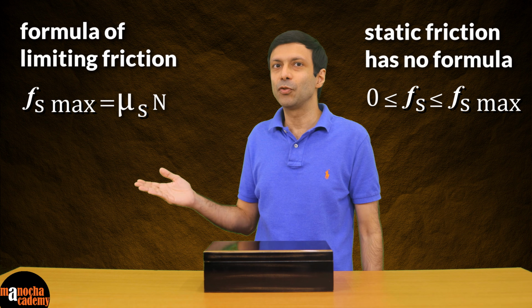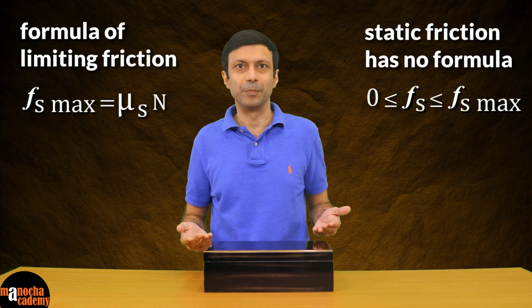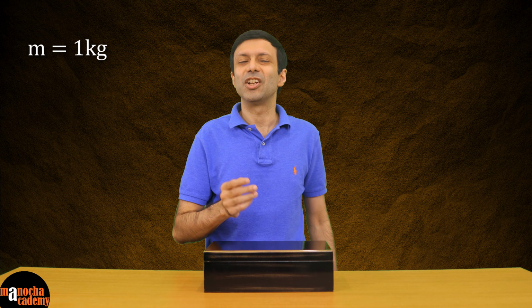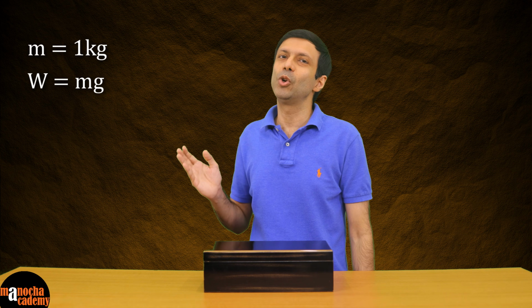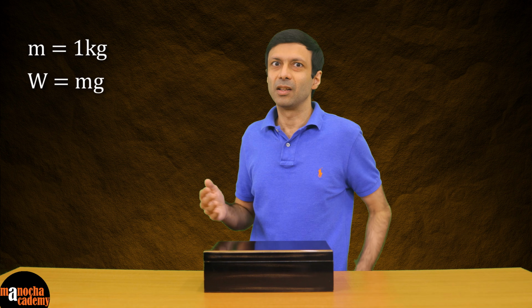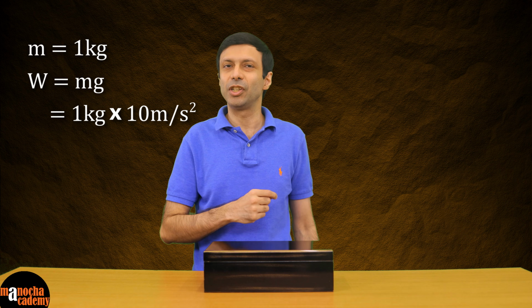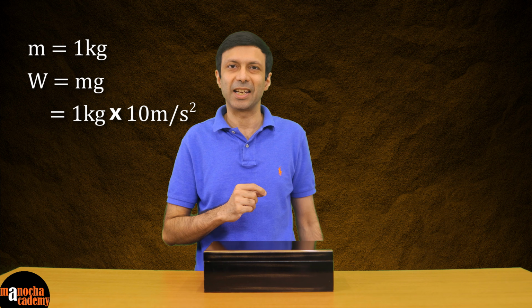So let's understand this formula with an example here. Let's say the mass of this box is 1 kilogram. So what is the weight of the box on the table? That's right, you can use the formula W equal to mg. The weight is going to be mass 1 kg times the acceleration due to gravity 10 meters per second square.